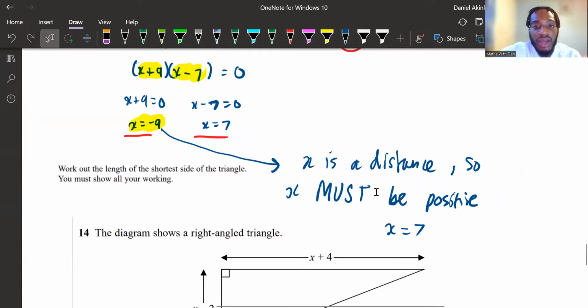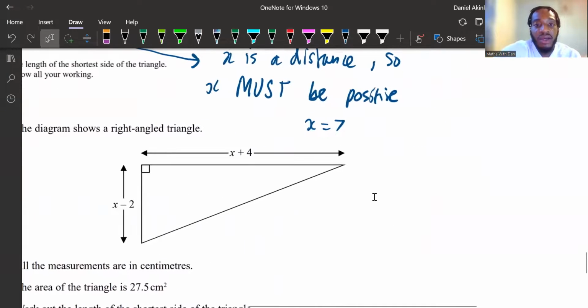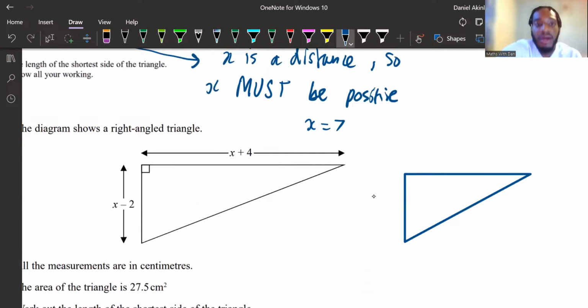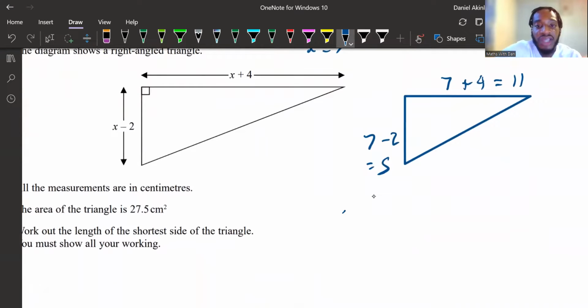So now when I put that inside, this will give me, well, x -2, so it'll be 7 -2 here, and this will be 7 plus 4. And this is equal to 11, and this is equal to 5, right? So the shortest side is equal to 5.